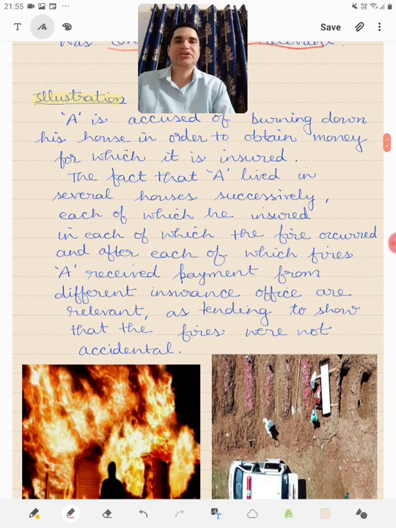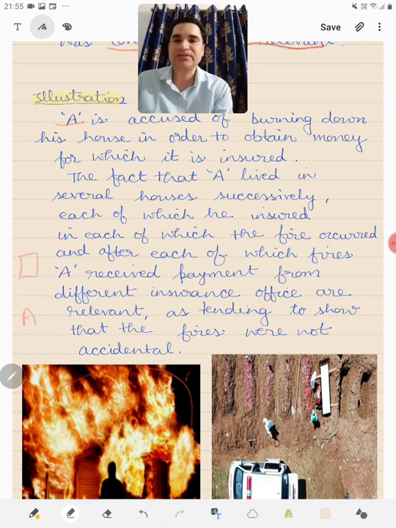In the illustration, it is said that suppose there is a house and that house has caught fire, and then A is claiming insurance for it. Earlier also A had a house and that house got fired and he got insurance money for it.